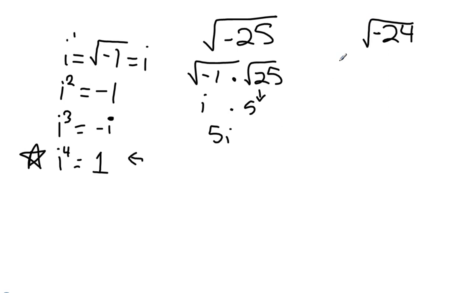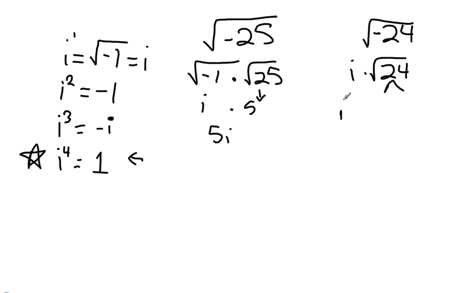Alright, so the square root of negative 24. Again, we get rid of the square root of negative 1. That's just i times the square root of 24. I don't think 24 has a square root. No, it does not. So we try to factor it out. So what times what equals 24? Preferably one of those factors is a perfect square. 4 times 6. Very good.